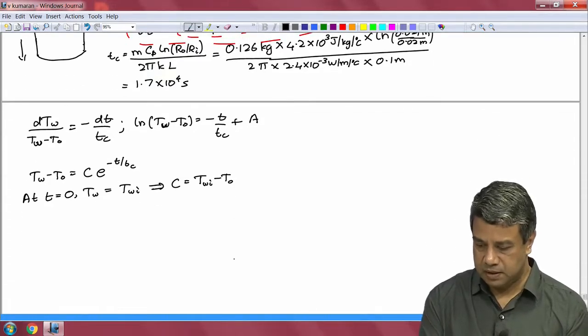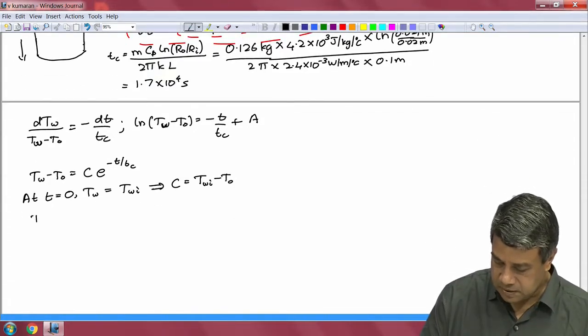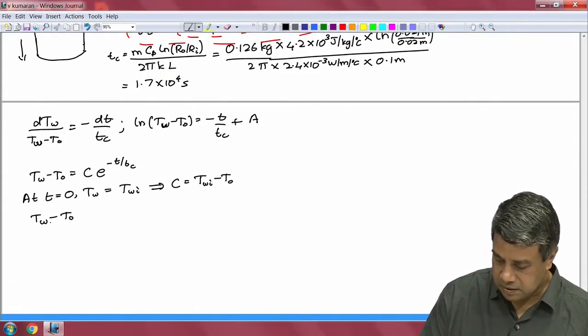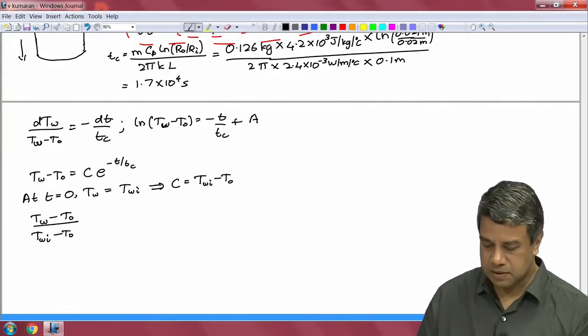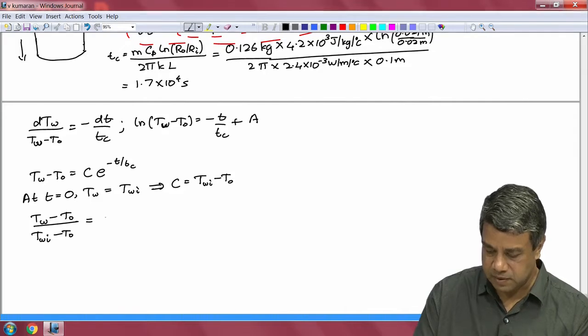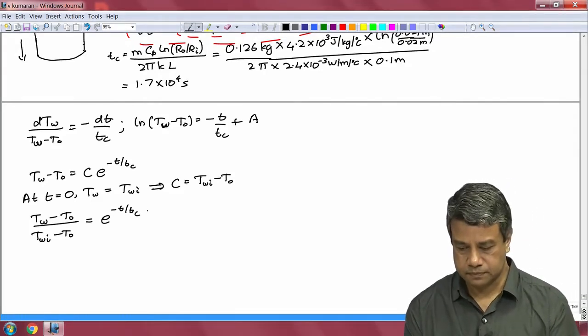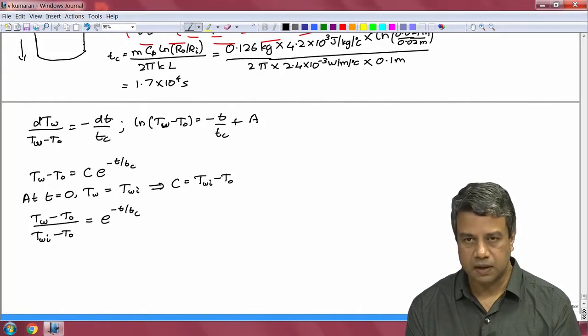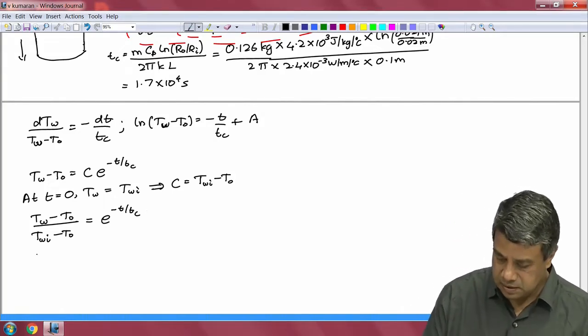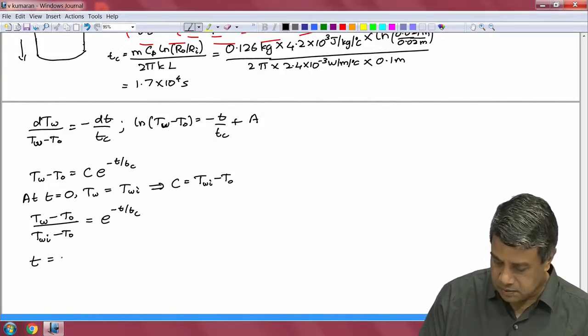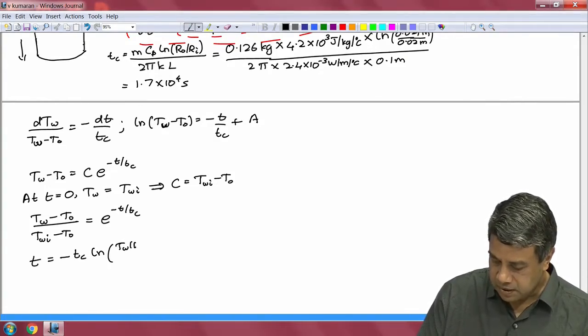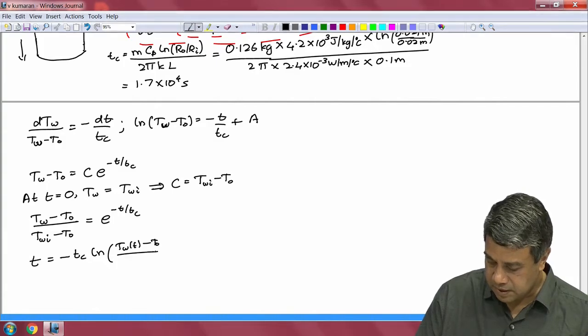Therefore, the equation becomes Tw minus T naught by Tw initial minus T naught, just substituting for C in here and dividing throughout by C. You take the logarithm of this, t is equal to minus Tc ln of Tw at time t minus T naught by the initial temperature.